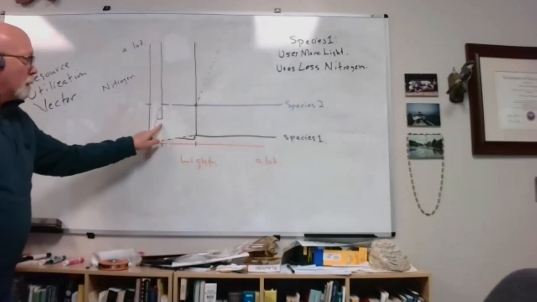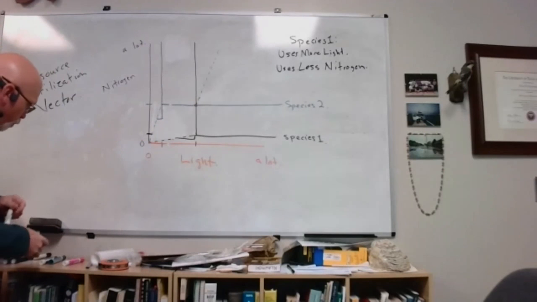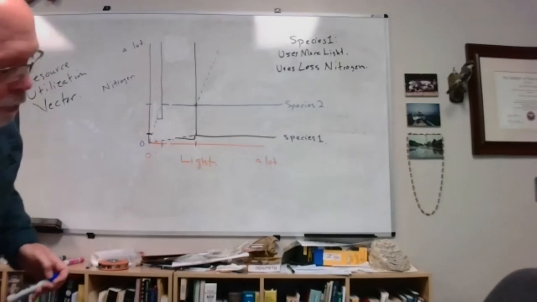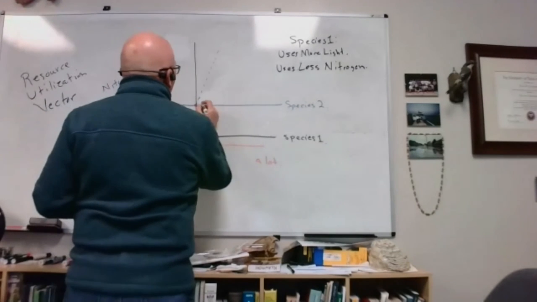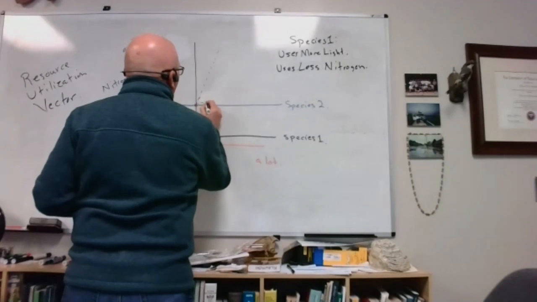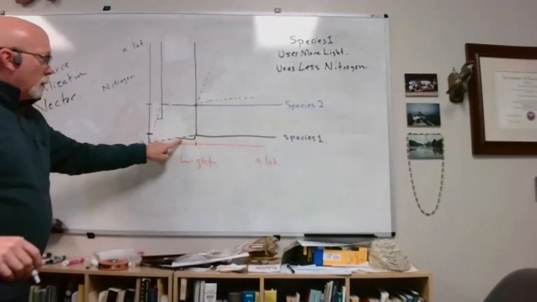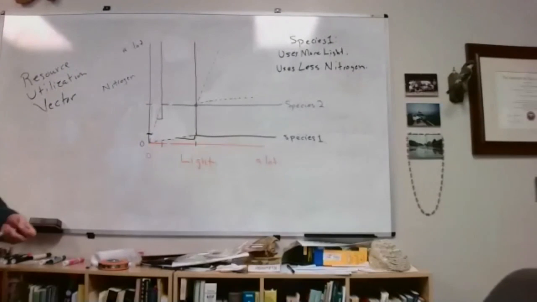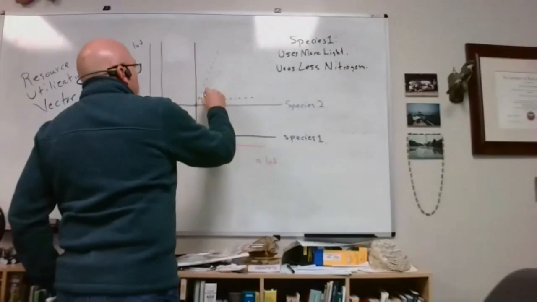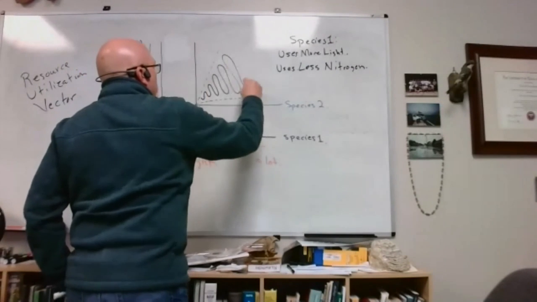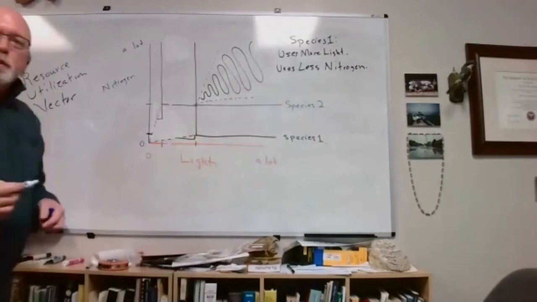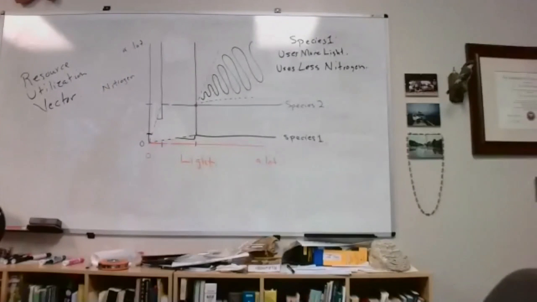This line is parallel to this line. And we do the same thing for species 2. This line should be parallel to this line. And what this represents is that within this range of resources, species 1 and species 2 will be able to coexist.